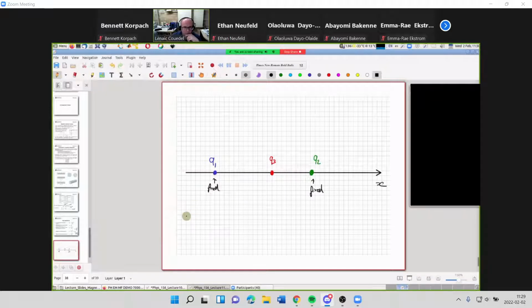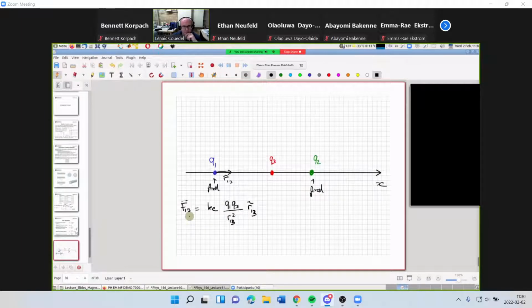I have the force 1 on 3, which is equal to KE Q1 Q3 divided by R13 squared, R13 hat. R13 hat is the unit vector that connects 1 to 3.